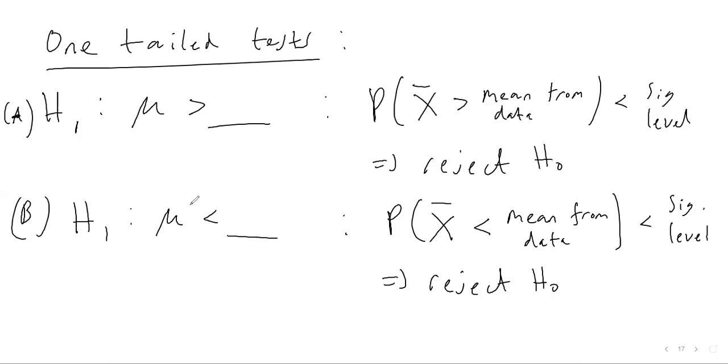So this time, if you're looking at the lower side of your distribution, with a mean less than your original thought, if you calculate the probability of your mean distribution being less than the mean from your data, and that probability is smaller than the significance level, that probability is so small assuming H0, so H0 probably may not be true, so we're going to reject H0.